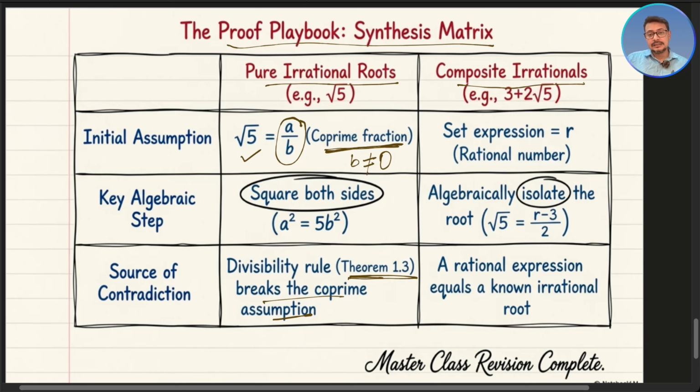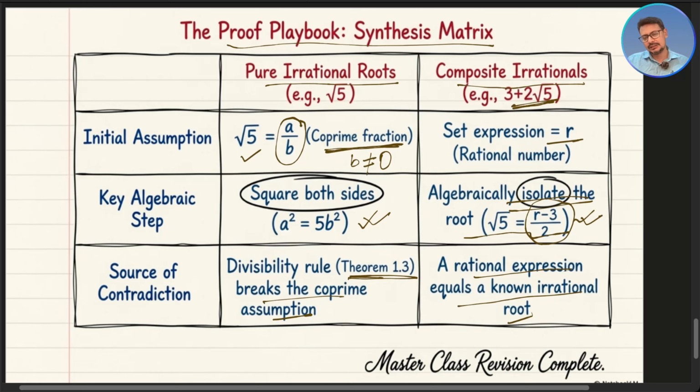Whereas in the case of composite irrationals, for example 3 plus 2 root 5, we set the expression equal to r, the rational number. Algebraically isolate the root. That means root 5 is equal to r minus 3 by 2 after solving the expression. Now root 5 is an irrational number, but the right hand side, r minus 3 by 2, consists of rational numbers.